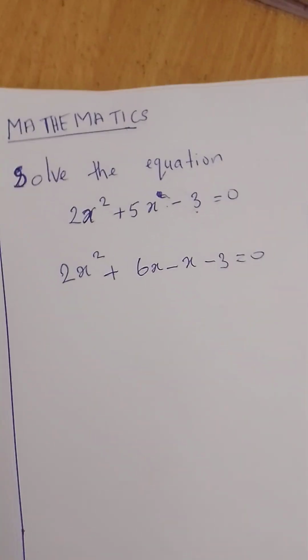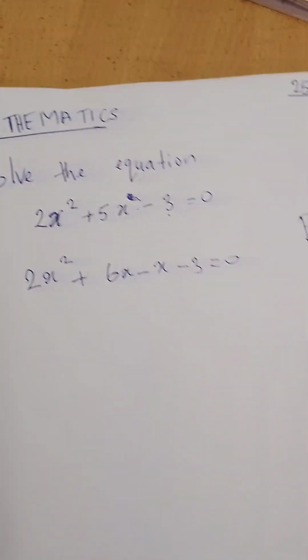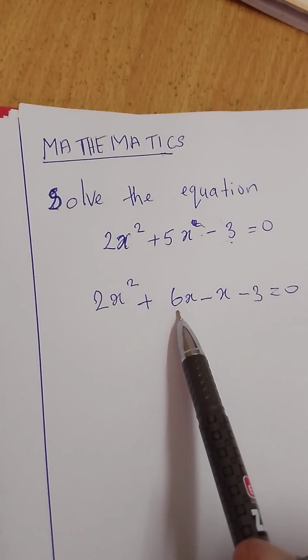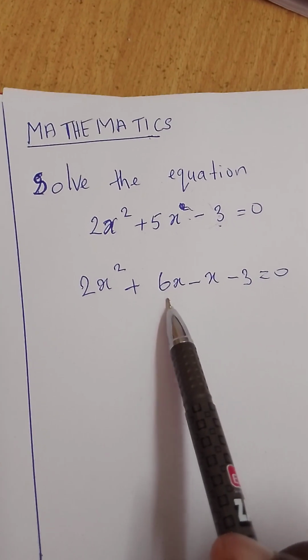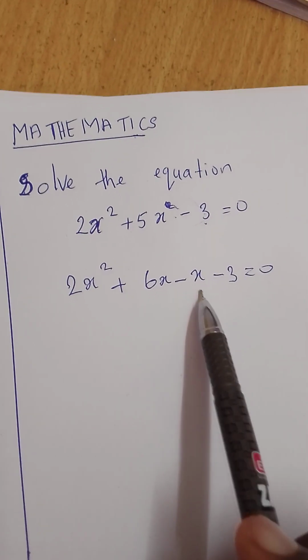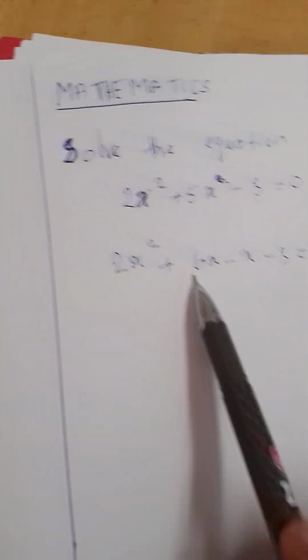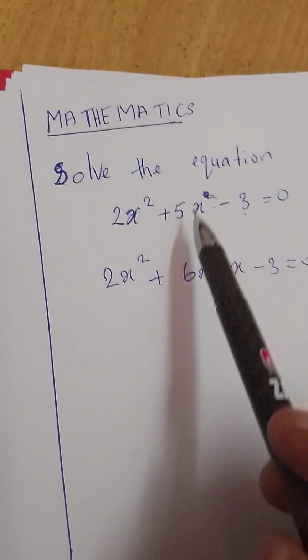We now see that 5x has been replaced by 6 minus 1. Putting the 6, we put 6x minus x, because 6x minus x will give us 5x.